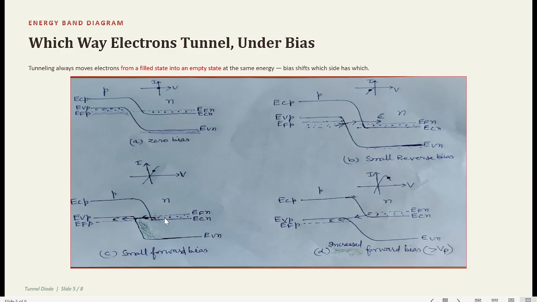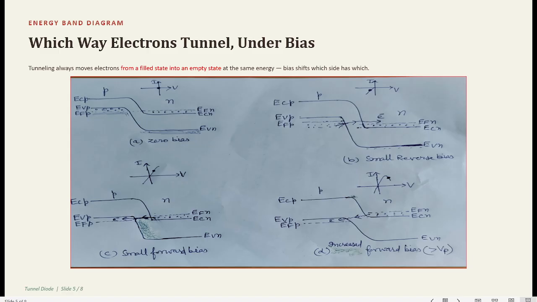So as we go on increasing the forward bias, more and more filled states are overlapping with empty states on the P side. So quantum mechanical tunneling increases in proportion to the small forward bias. So current will sharply increase and will become maximum at a particular voltage, which is known as the peak voltage in this case. So the current has reached up to this level when the applied forward bias is at the value Vp.